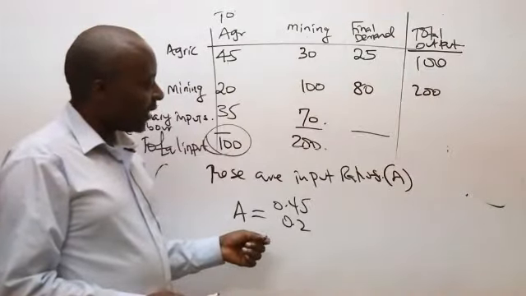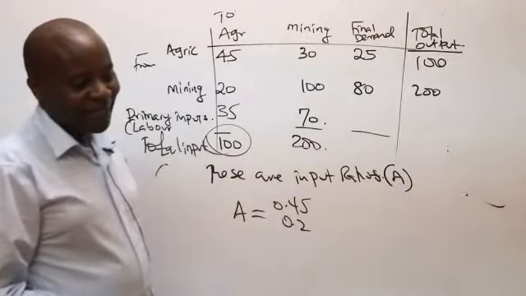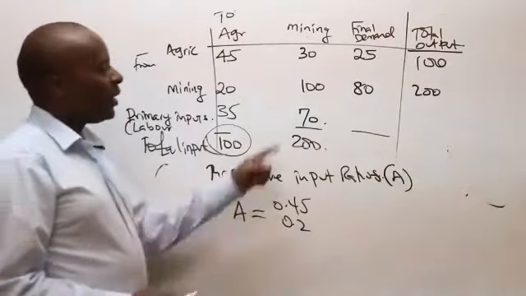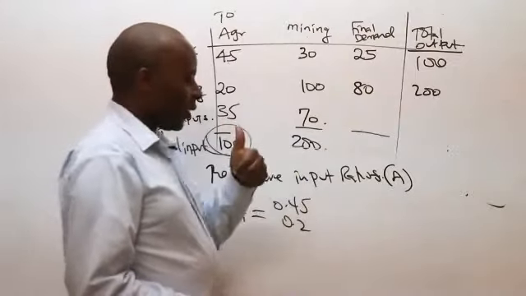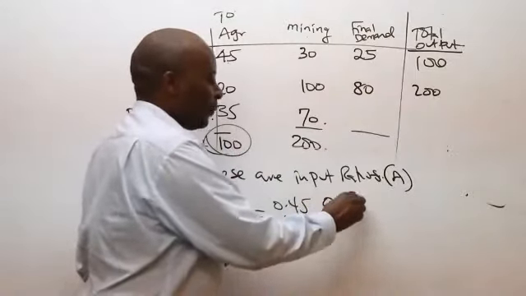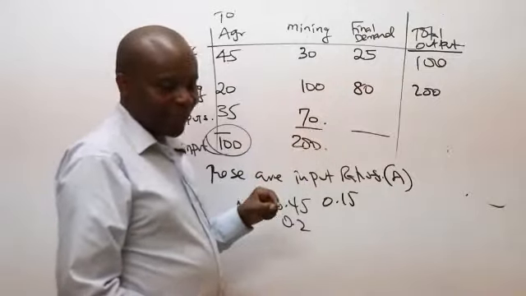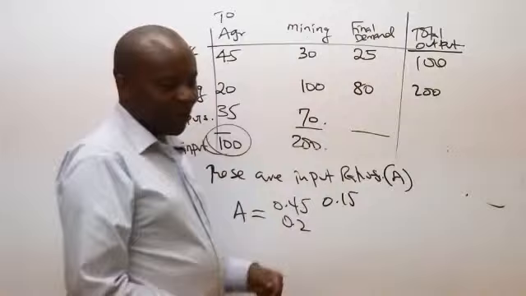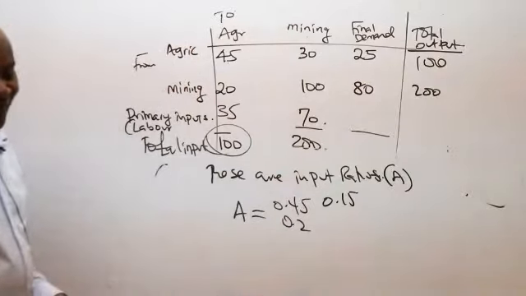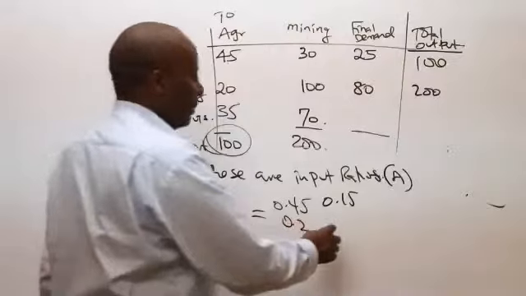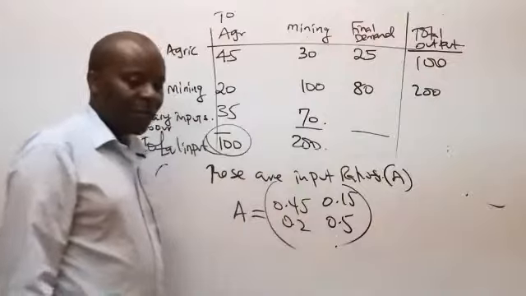For mining, it will be 30 over the total input, which is 300. It should be 0.15. And then we have 100 divided by 200. 100 divided by 200 is not 0.1. It becomes 0.5.